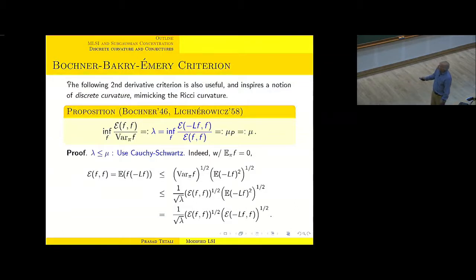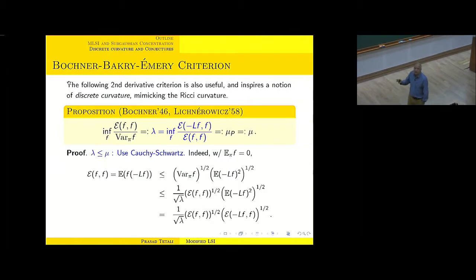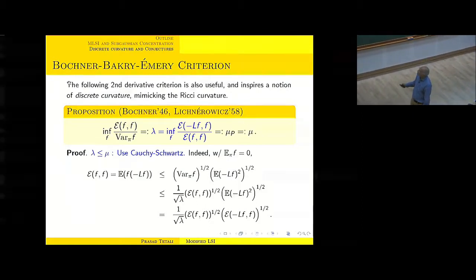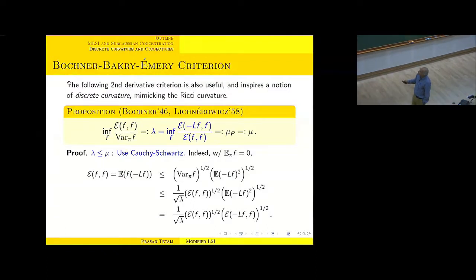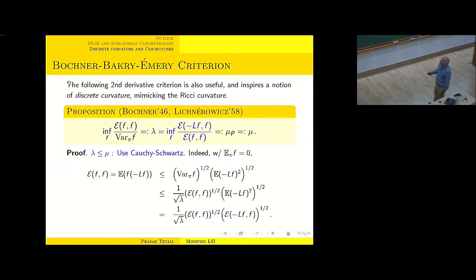Now that's in the denominator, and what is this? This is a second derivative term, it turns out. This observation or proposition says these two are equal. And there have been cases where this was used. Somehow, I haven't seen, at least in the Markov chains community, a way of using this, but there are some papers where it turns out to be handy. They're equivalent, so it cannot be super useful, but sometimes that formulation may be nicer.